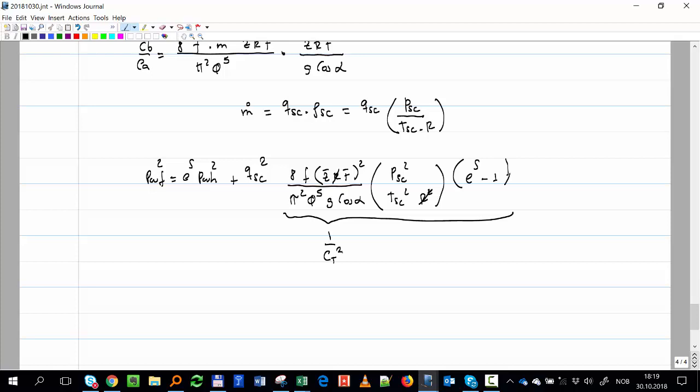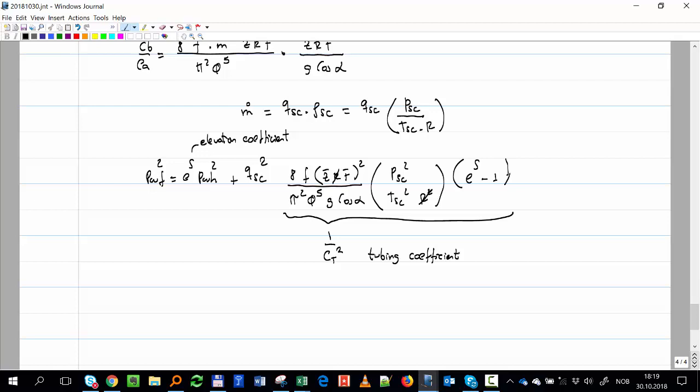Okay, and I call this one the elevation coefficient, and this I call the tubing coefficient, the CT.